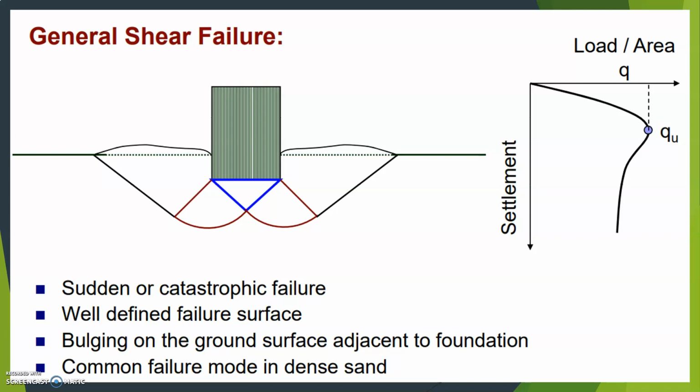In this case, when the pressure approaches the value of QF, the state of plastic equilibrium is reached initially in the soil around the edges of the footing, and it then gradually spreads downwards and outwards.